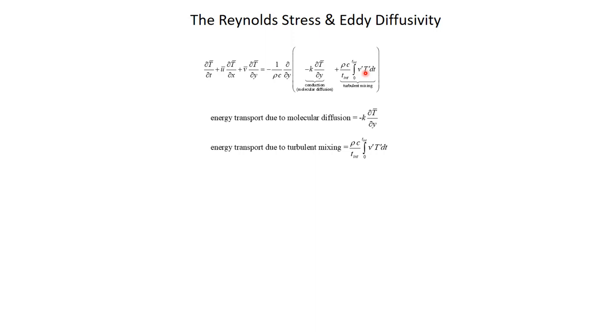But we can make the same kind of argument here, which is that the reason these don't integrate to zero is because they are correlated, but the only time they'll be correlated is when there's a temperature gradient, right? Our molecular diffusion term is obviously related to the temperature gradient. This turbulent term should also be related to the temperature gradient, right?